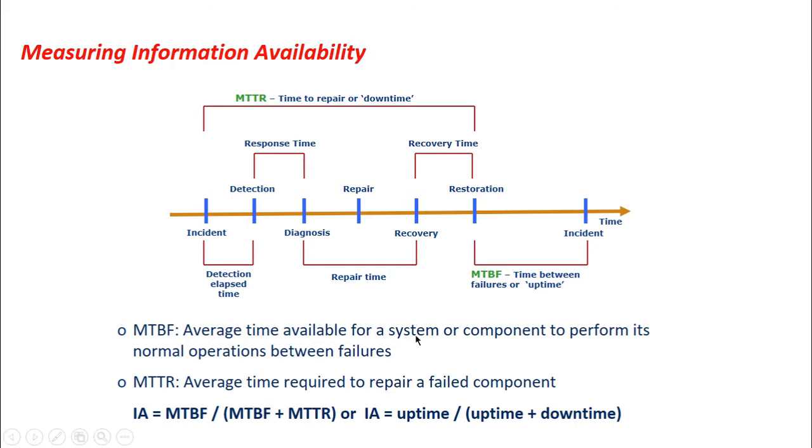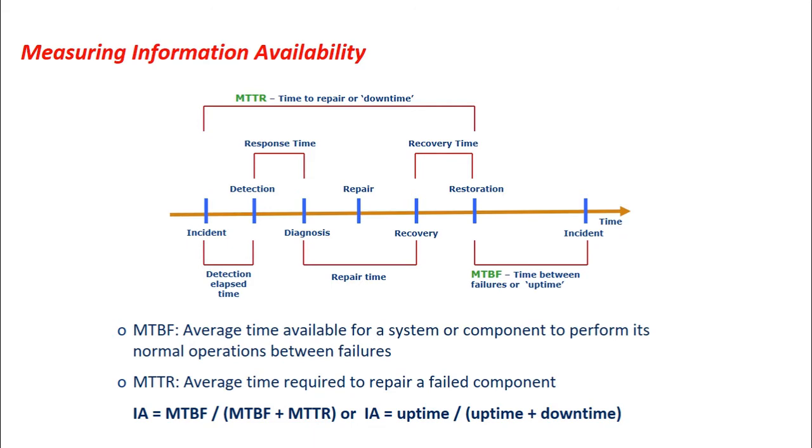So information availability is equal to system uptime divided by the sum of system uptime and system downtime, where the uptime is the period of time during which a system is in an accessible state. When it is not accessible, it is termed as system downtime. In terms of mean time between failures and mean time to repair, information availability is calculated as mean time between failures divided by the sum of mean time between failures and mean time to repair.